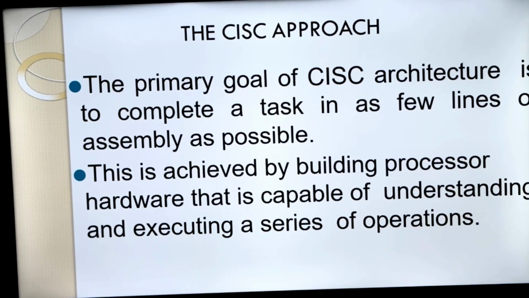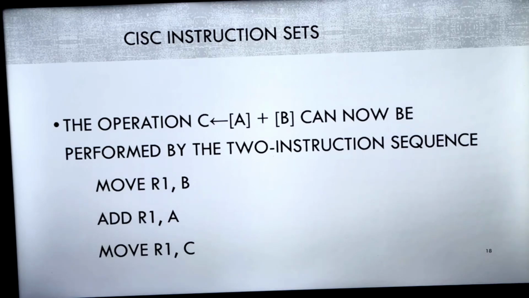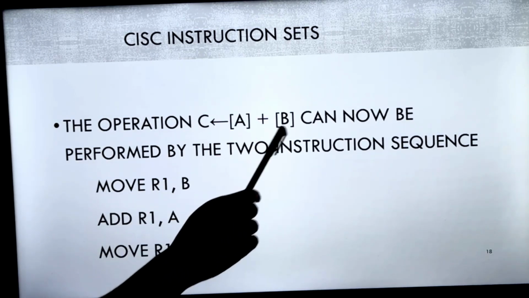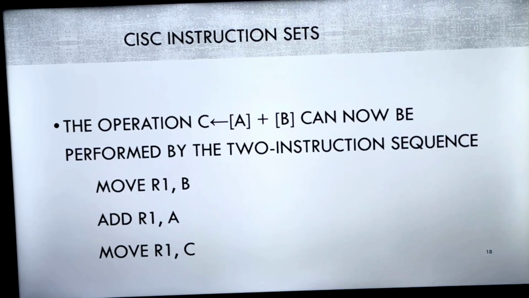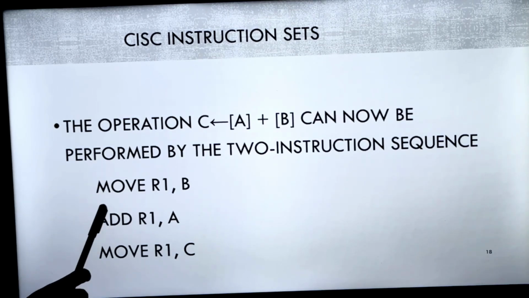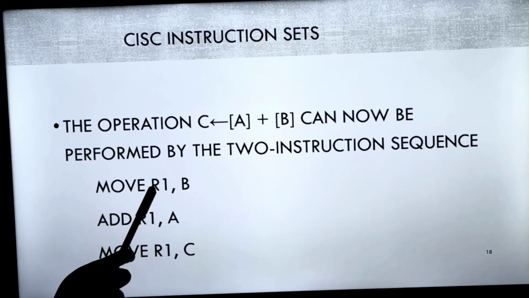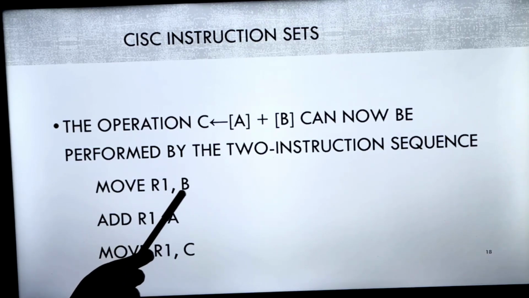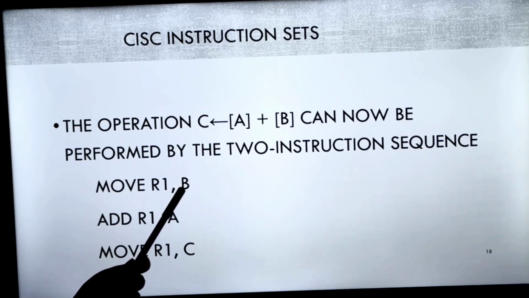We'll discuss this concept with the help of one simple example. This is the operation: I want to perform C equals A plus B. Now if I ask you to write the same code in CISC, how do you write it? This is how we write: MOV R1, B. Here B is nothing but a memory location, not a register.